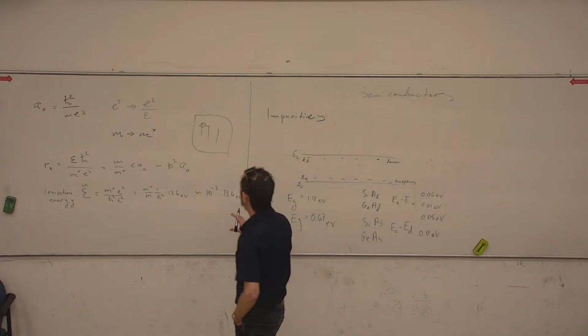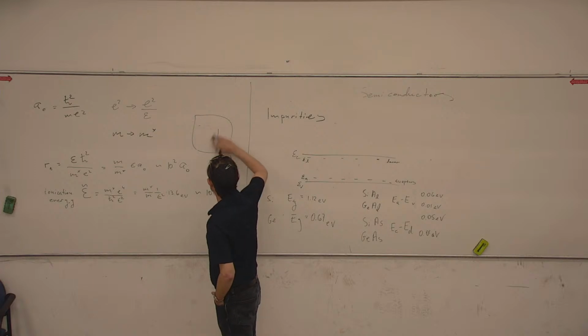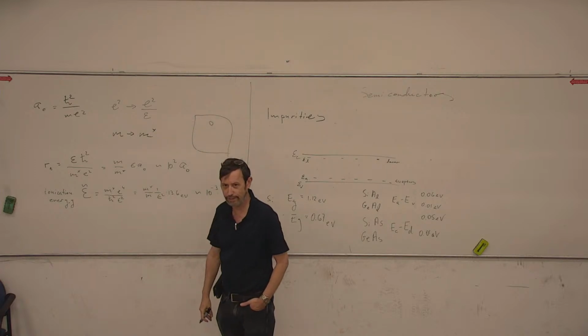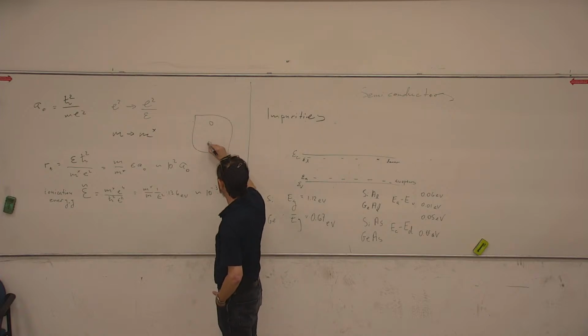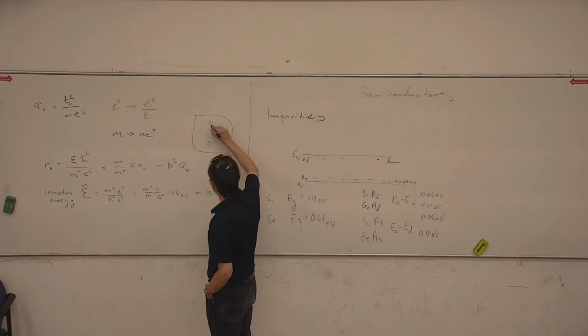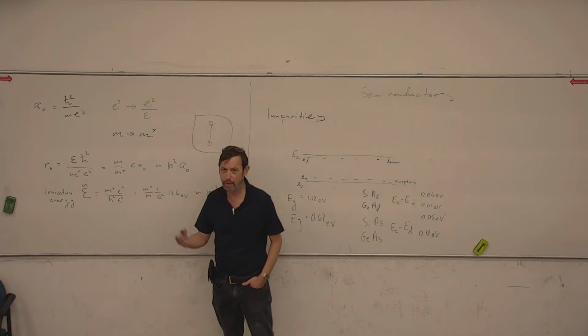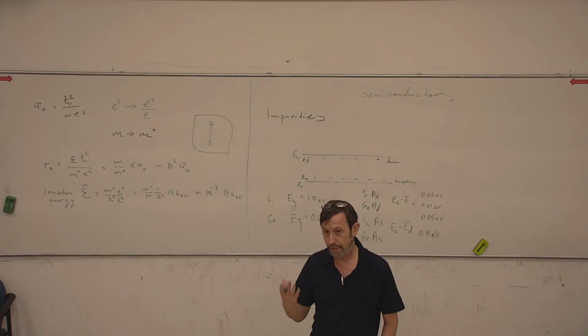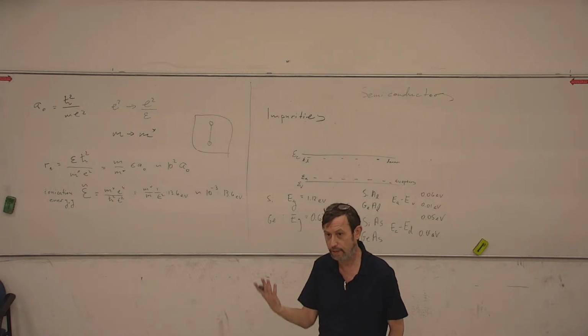Okay, let's say you want to create a transistor or diode or whatever here, and you want to connect them by a wire. A wire is some device that carries current.